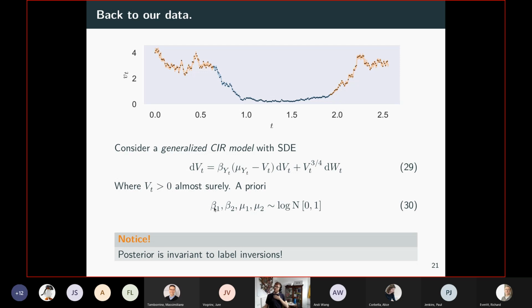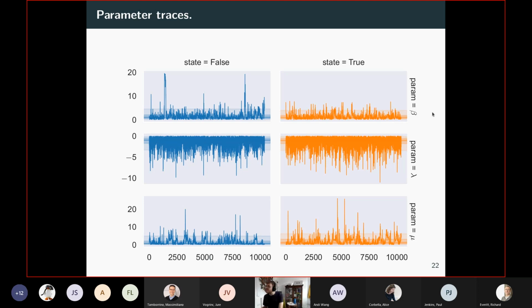And so the posterior for beta 1 and beta 2, and for mu 1 and mu 2, are really the same. And if we look at what actually happened in the run of that algorithm, then we see that, within a day's runtime, we actually haven't quite reached that stage. So on the top, for example, you have the trace plot of the mean reversion parameters for each of the states, and the quantile estimates don't entirely overlap.